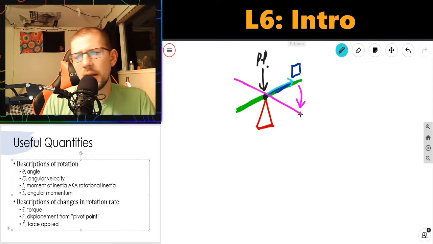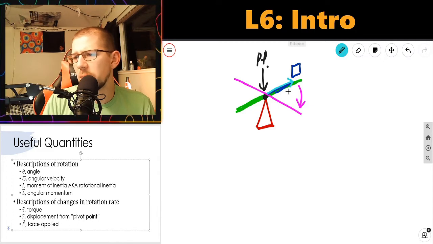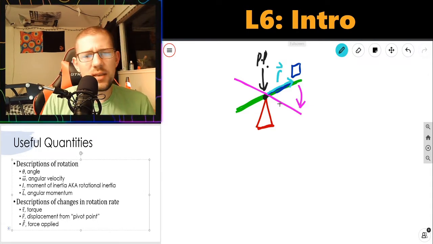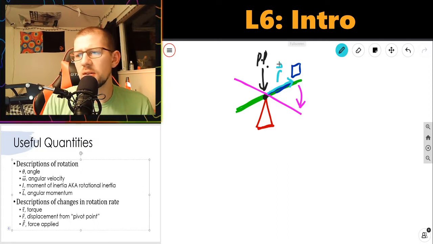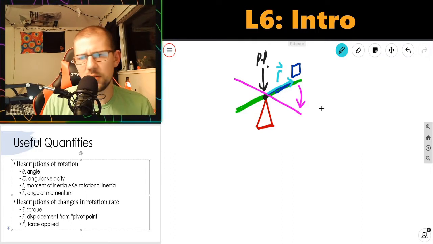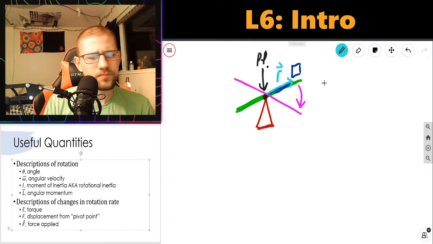When it hits the seesaw, they're going to interact. It's going to cause a force. So typically, I would be interested in drawing a displacement vector that goes from my pivot point to wherever the force is applied. We're going to see that a little bit more later, but just know that displacement vector means starting at the pivot point and then going out to some position on the thing that's rotating.